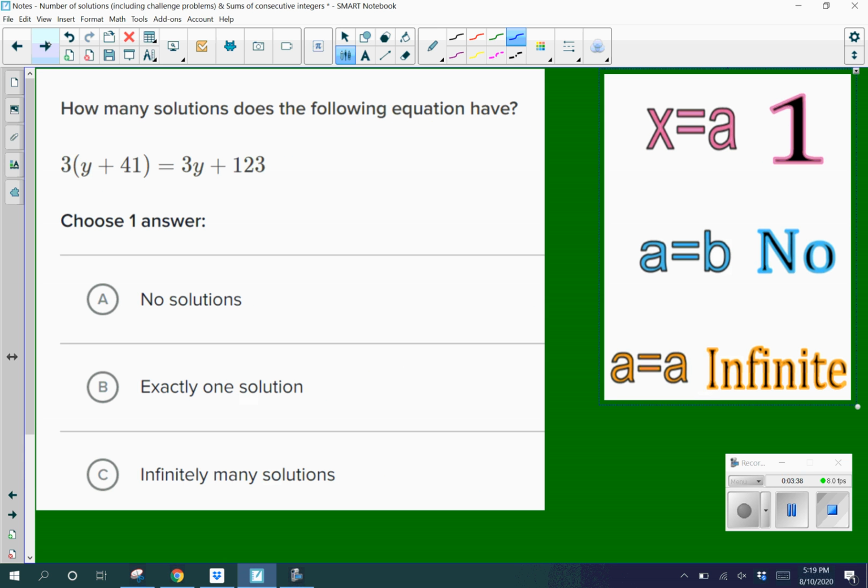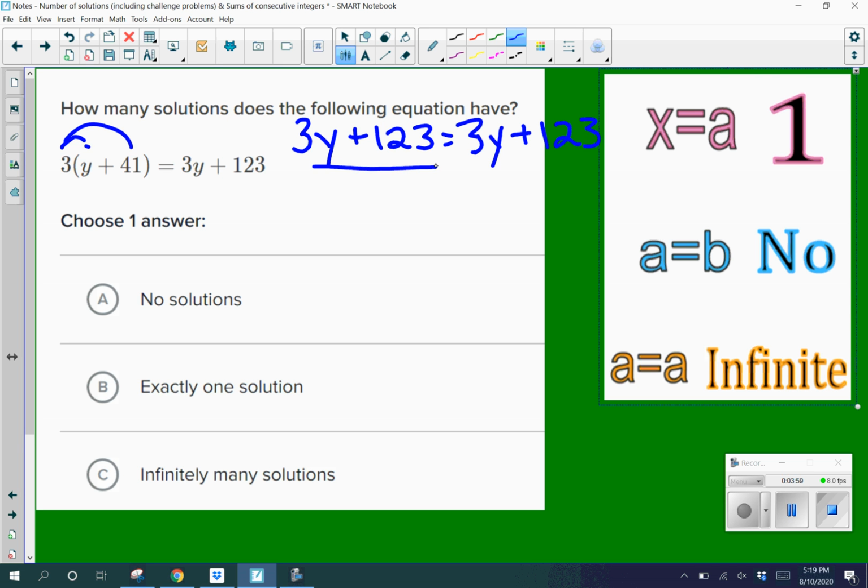Let's try another one. Here we're going to distribute first. 3 times y is 3y. 3 times 41 is 123 equals 3y plus 123. Now, notice that what I have here on the left, 3y plus 123, is the exact same thing as I have on the right, which means you have infinite solutions.